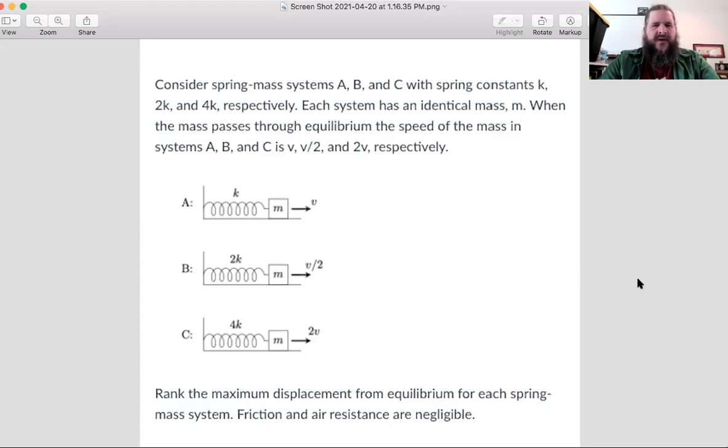So what are we trying to figure out in this one? If we've got these 3 springs, 3 different springs with the same mass attached to each one, what do we want to figure out here? What's our goal?